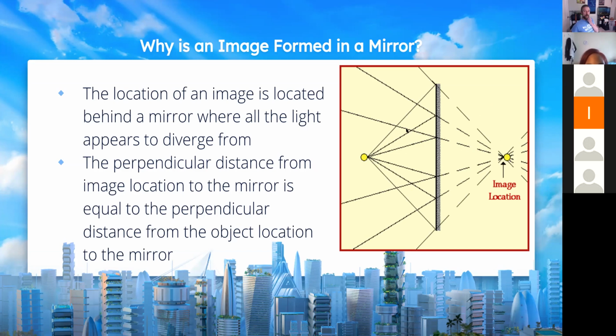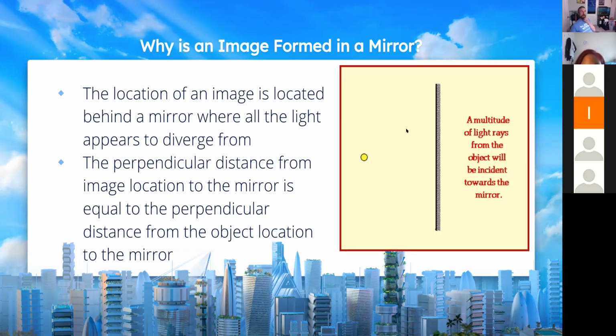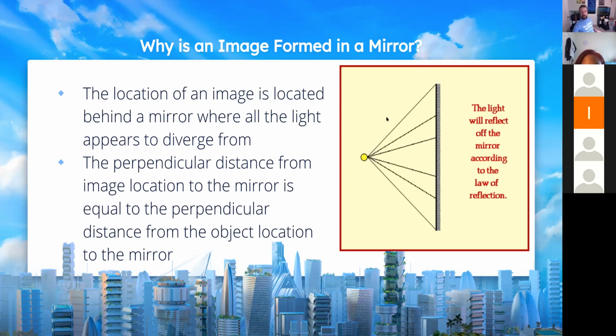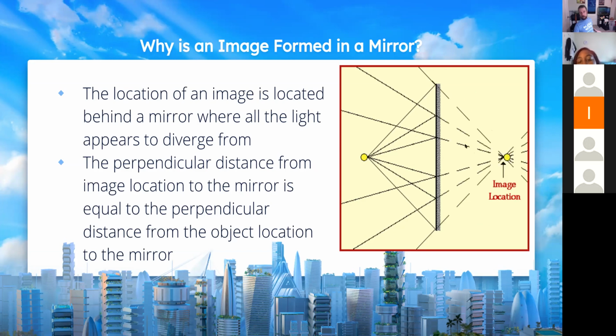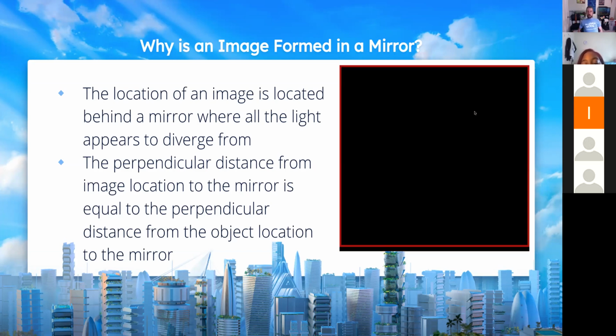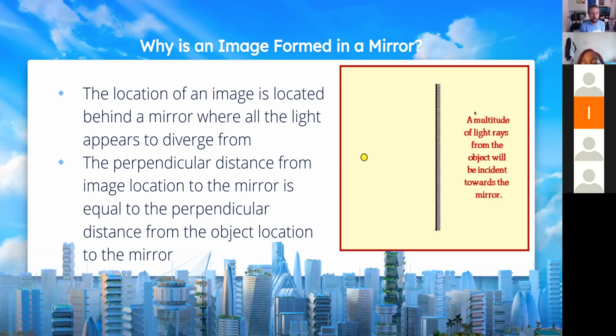The angle of the incident ray and the reflection ray have the same angle, and the reflection ray and the ray that you can trace to the image are all a straight line. This is one straight line right here. So that will tell you how to draw those rays in order to determine where the image will be located.